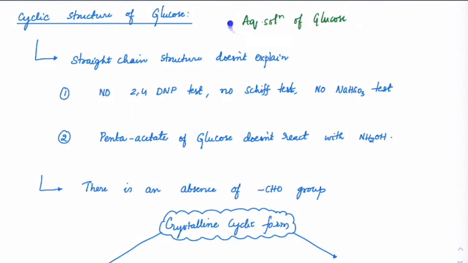When I took the aqueous solution of glucose and started checking the reaction with 2,4-DNP, I hope all of you remember what is 2,4-DNP, Brady's reagent, right? 2,4-dinitrophenylhydrazine. This is 2,4-DNP. What does 2,4-DNP do? 2,4-DNP confirms the presence of an aldehyde or keto group.